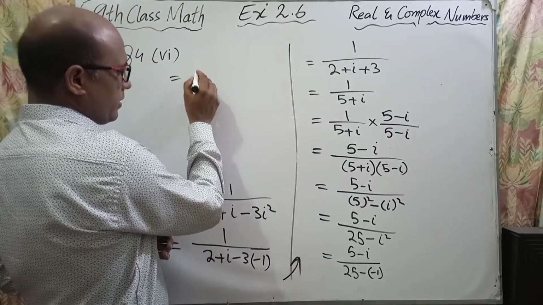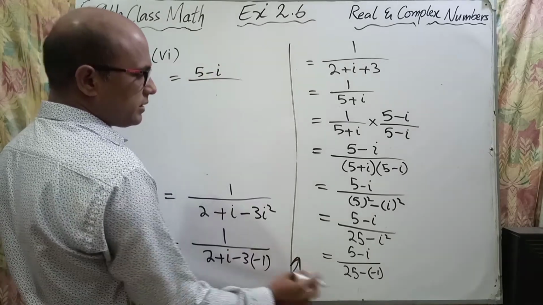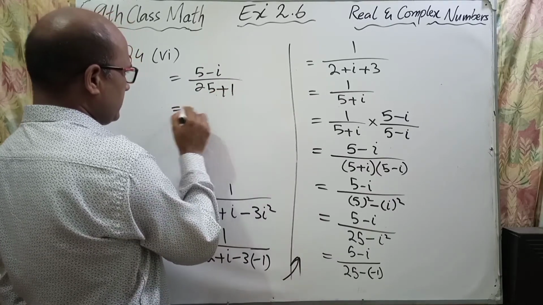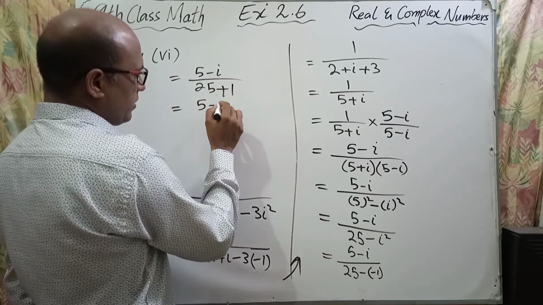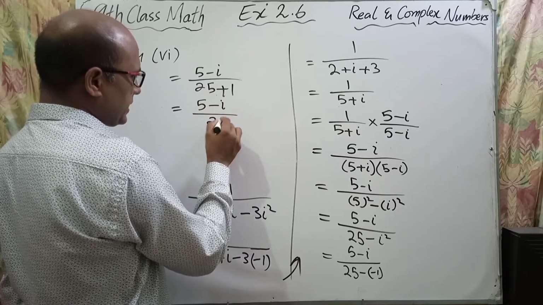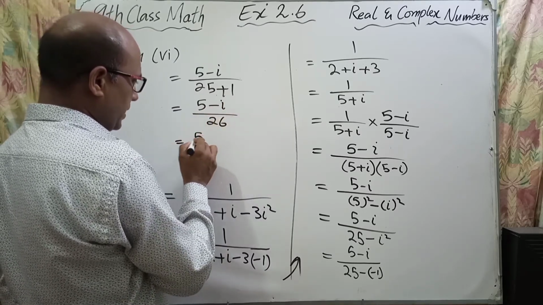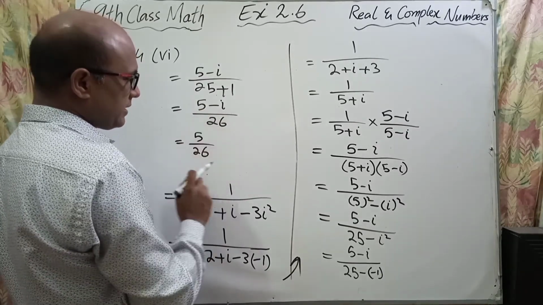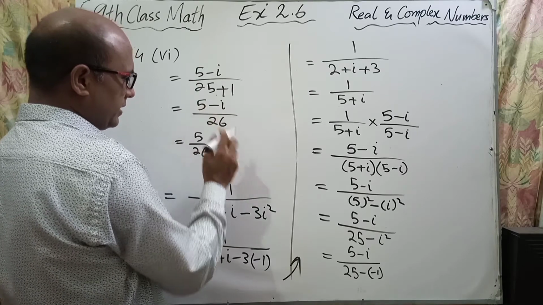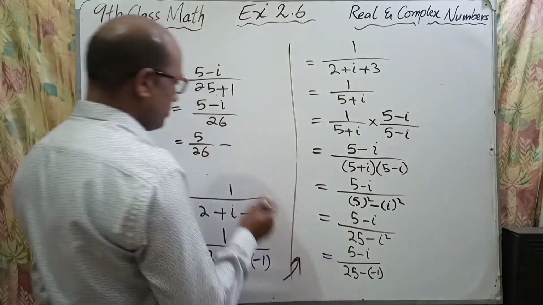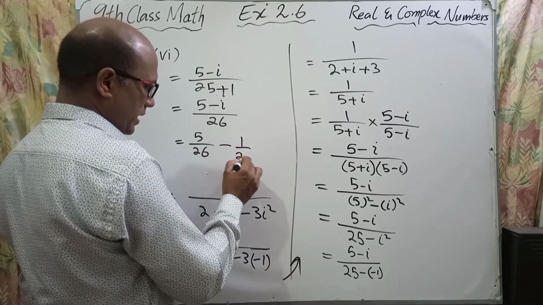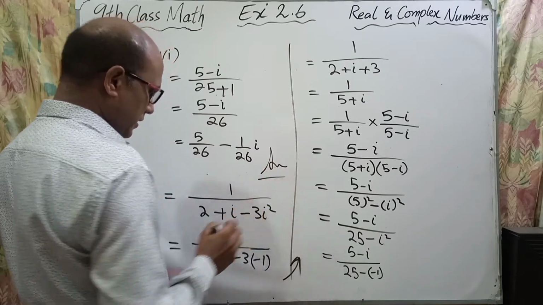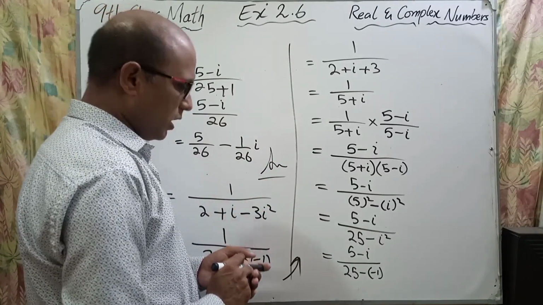Now students, 5 minus iota over 25 minus minus plus 1, and it will become 5 minus iota over 26, and let's separate them. 5 over 26, denominator will be separated by the numerator. 5 over 26 minus 1 over 26 iota. So this will be the required standard form.